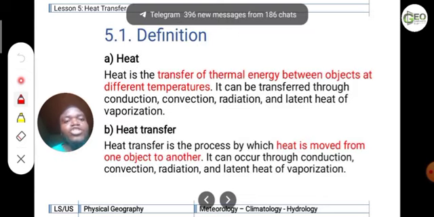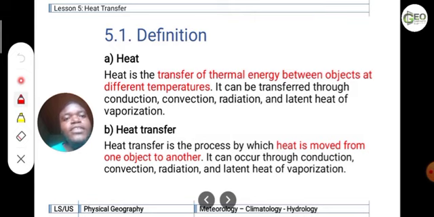Starting with our definition, the first objective of our lesson recommends that we know the meaning of heat. Heat is a transfer of thermal energy between two objects at different temperatures. While heat transfer is the process by which heat is moved from one object to another.